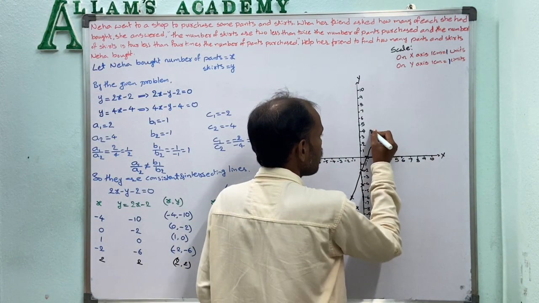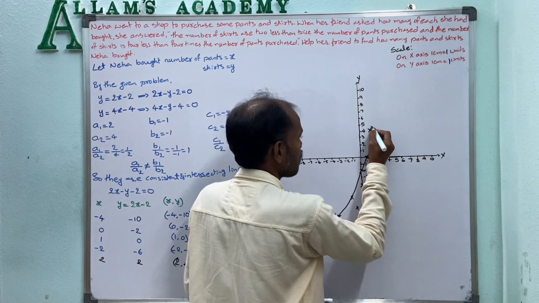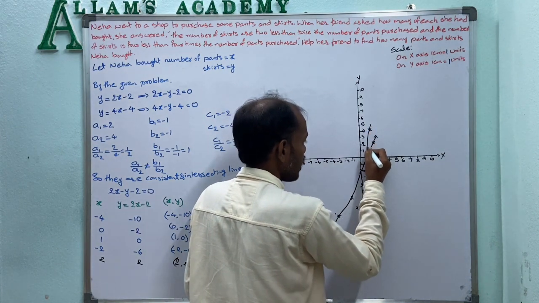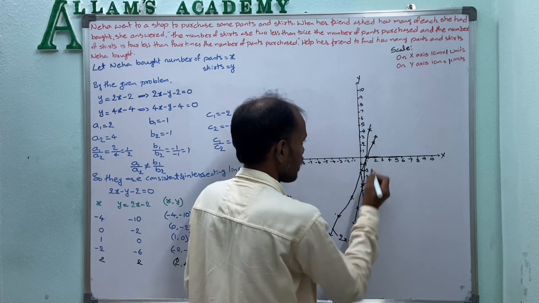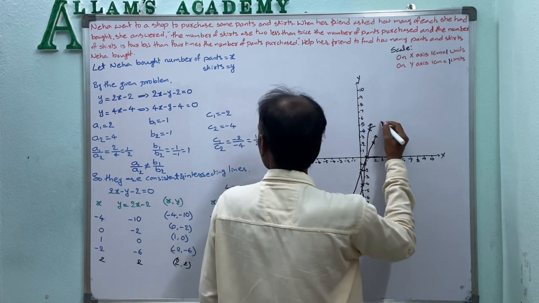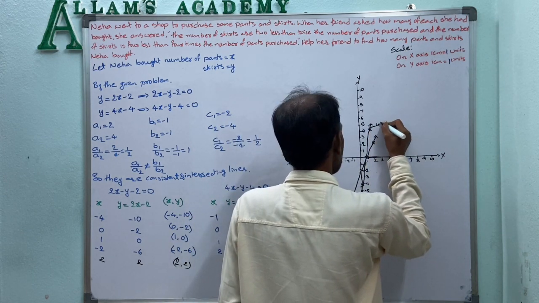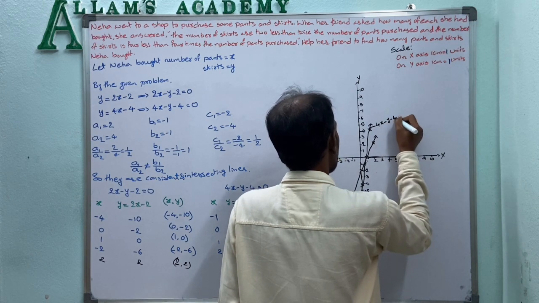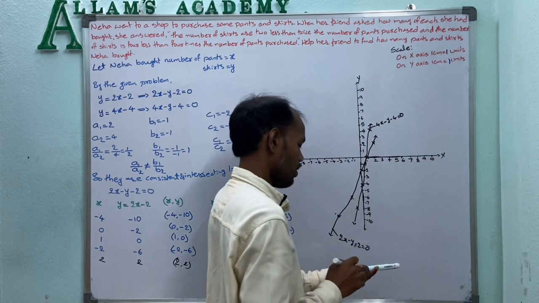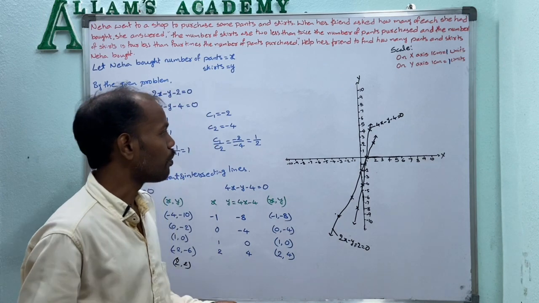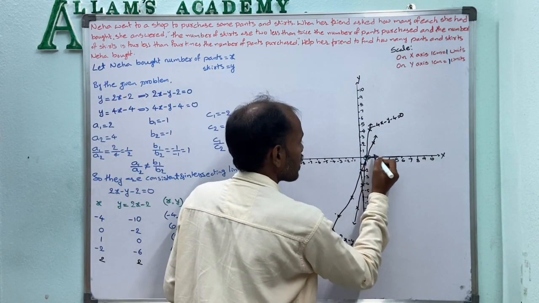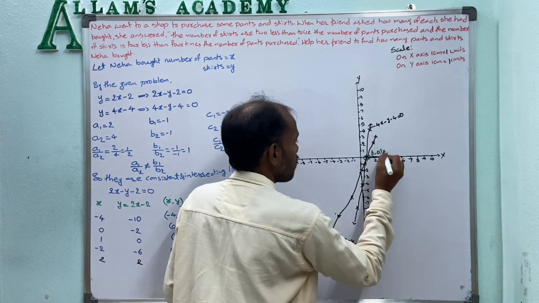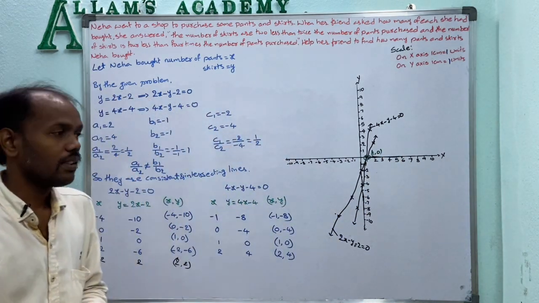If we join them, here also we get a straight line, 4x minus y minus 4 equal to 0. Now if we observe, both the lines meet at this point, and the point is 1 comma 0.